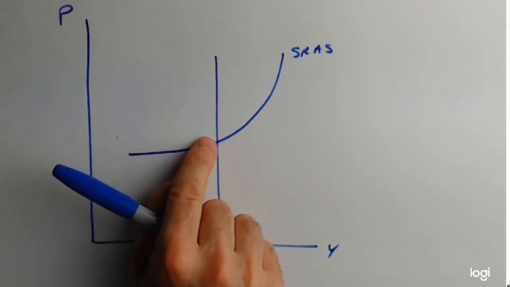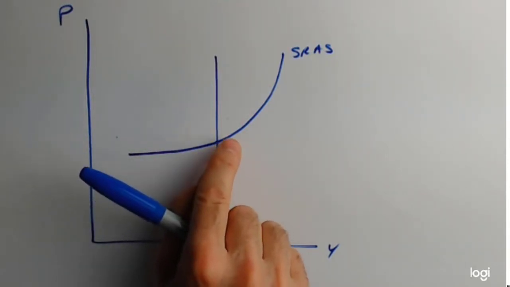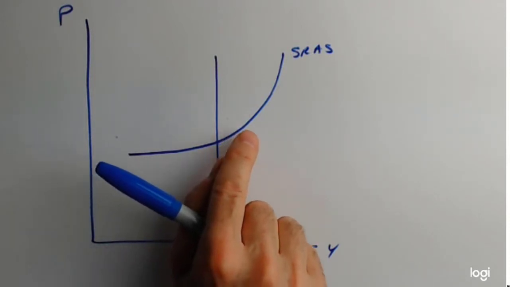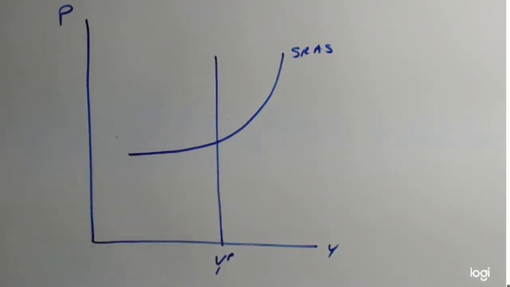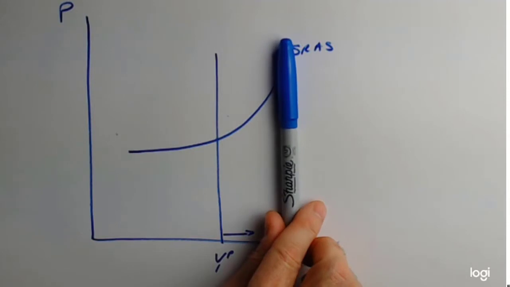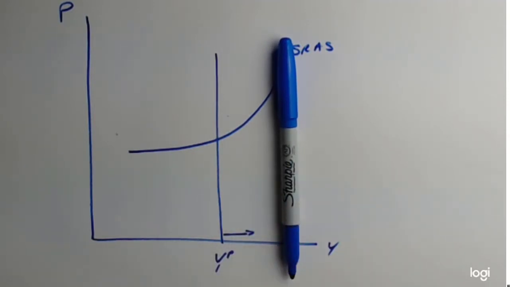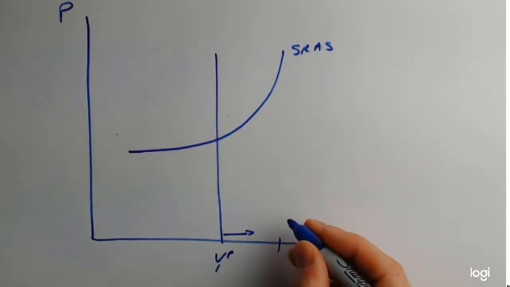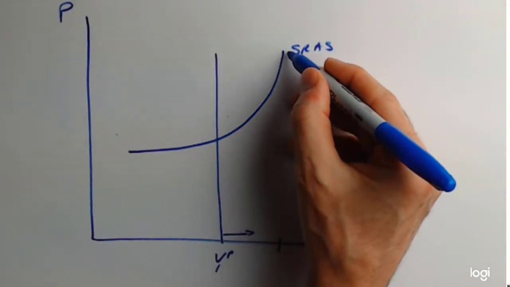Now the story's different if we start running above full employment, because then we start running into bottlenecks in the economy, especially when it comes to labor. We get labor shortages and we get raw material shortages. So when you start moving in this direction, you end up hitting a brick wall, so to speak, at output about here, because once you get to an output level at this point, all you're doing is getting higher prices.